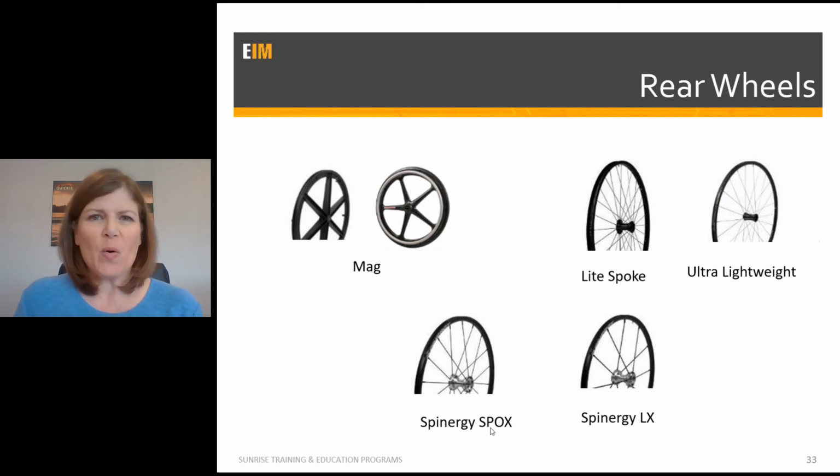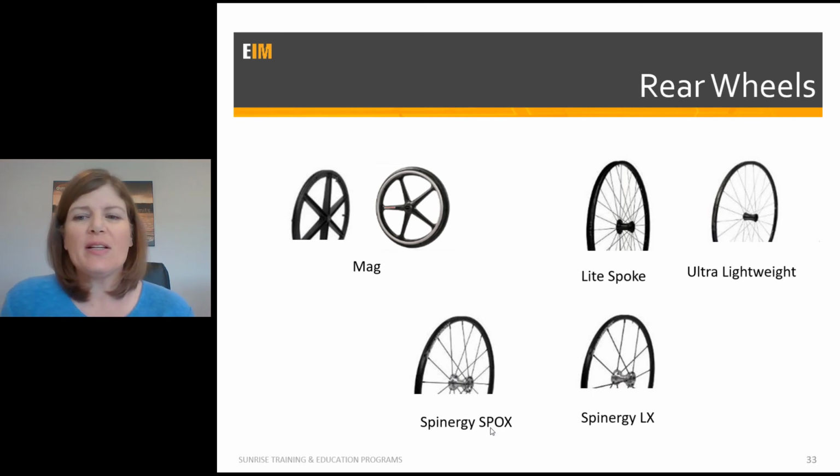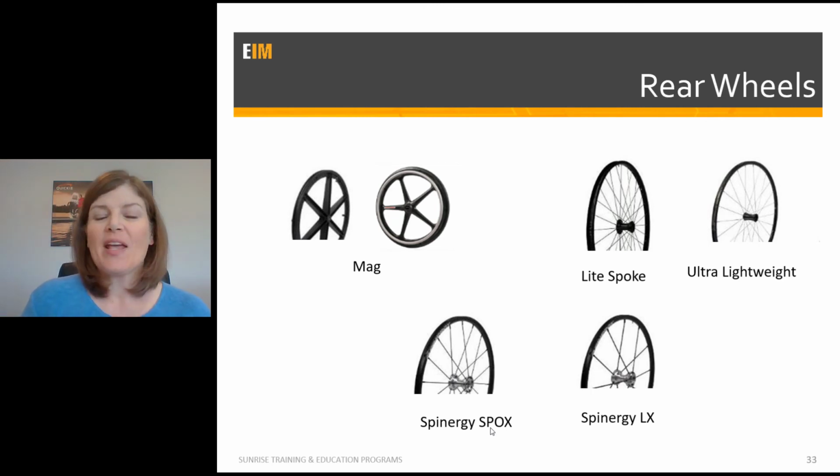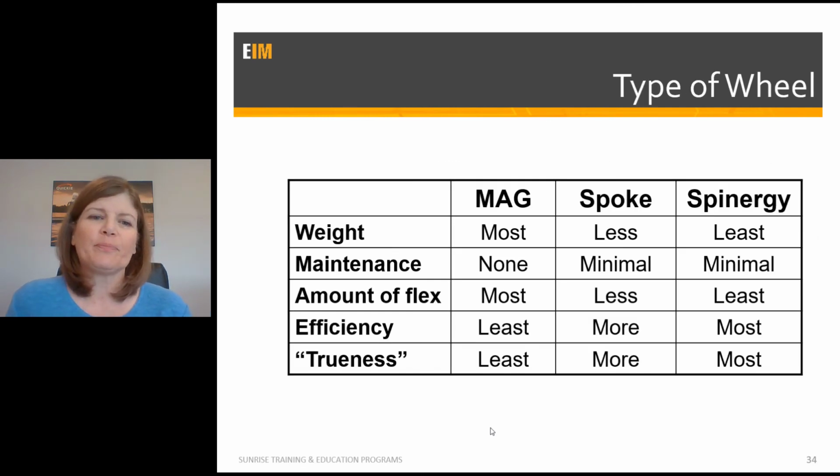When I'm looking at spokes, I'm going to have more choices there as well, a light spoke, an ultralight spoke. And there's also a manufacturer that makes Spinergy wheels. So Spinergies are available on many manufacturers' wheelchairs. And we'll talk about some of those differences, why we might think about one over another.